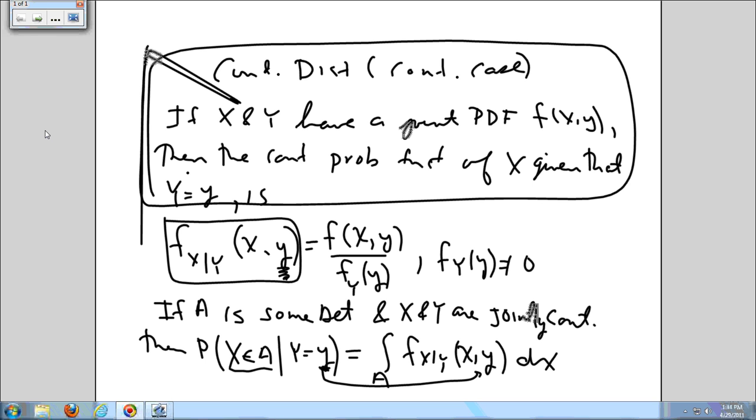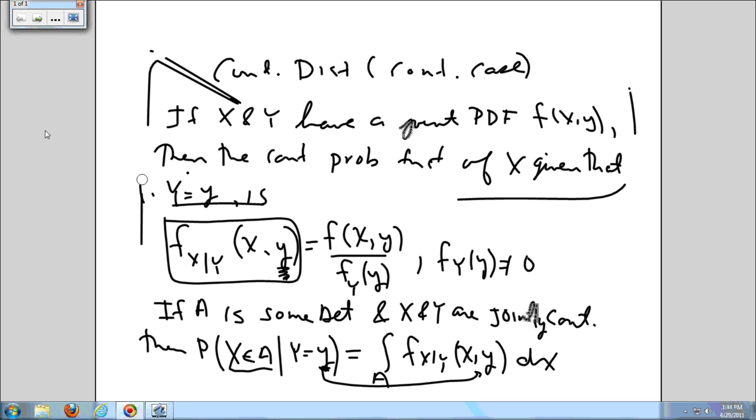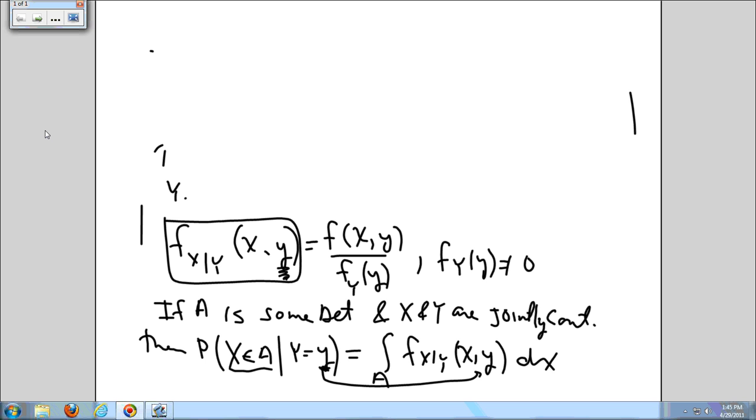Now, what if we wanted to find the formula for the cumulative function of x given y, say at the point a?